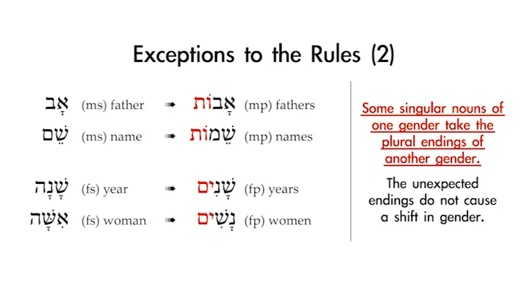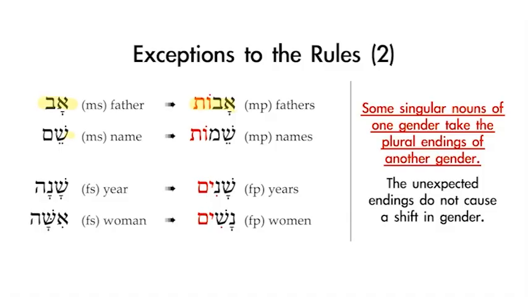Here we have the very common or frequent noun av, which means father, and observe that the plural form is avoth, fathers, with the holem vav tav ending, characteristic of the feminine plural. Now, even though this is highly irregular in what we might expect, nothing changes in terms of gender or number. It's still masculine and plural, and that oth ending tells you as much.